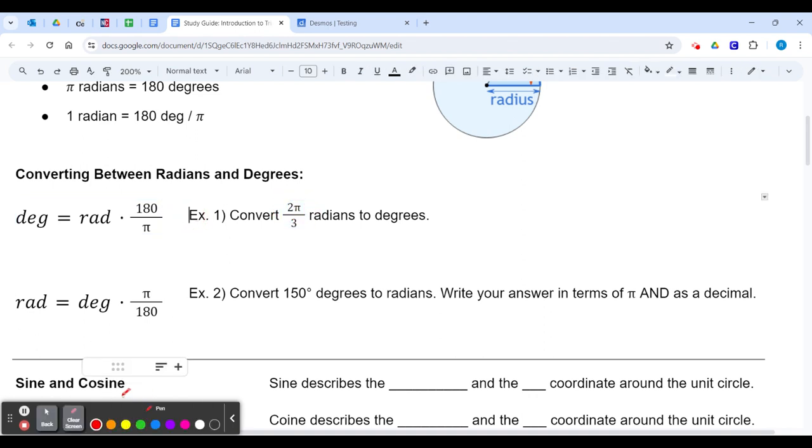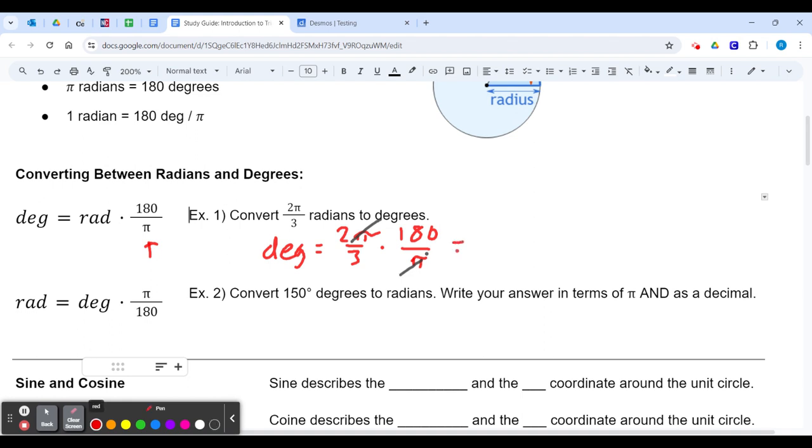So let's remember how we do this. I'm going to set up my equation. Degrees equals, my radian measure is 2 pi over 3, multiplying with 180 over pi. Notice this 180 over pi is always going to be there. And then we can multiply straight across. And before we even do that, we might notice that there's a pi on top, there's a pi on bottom.